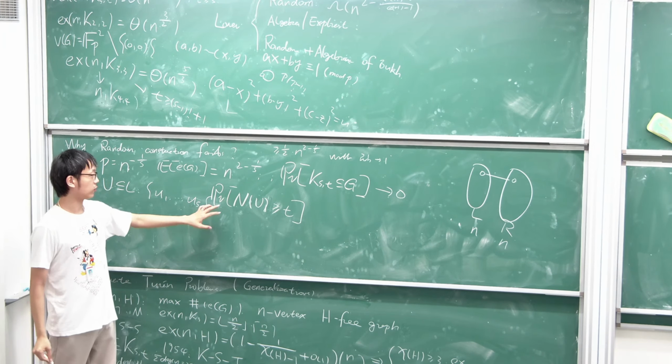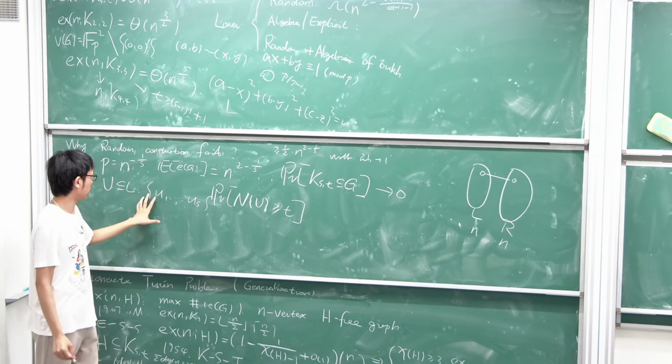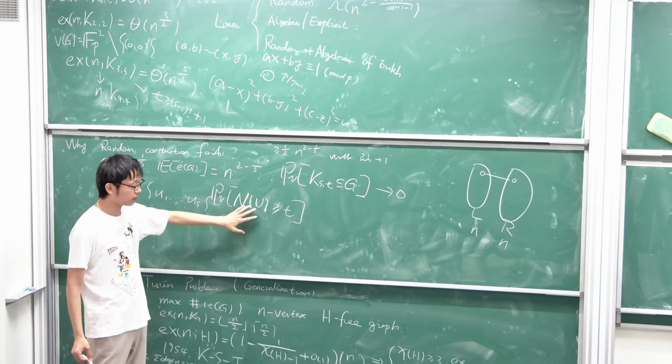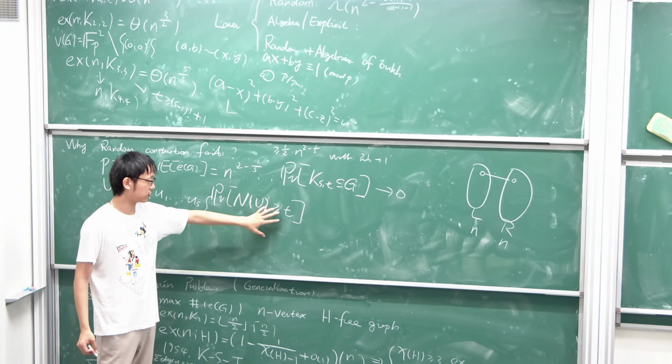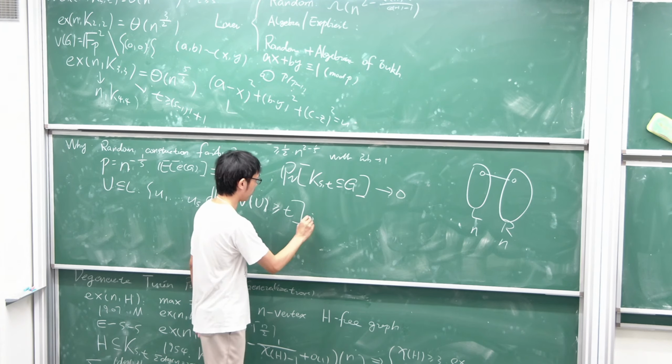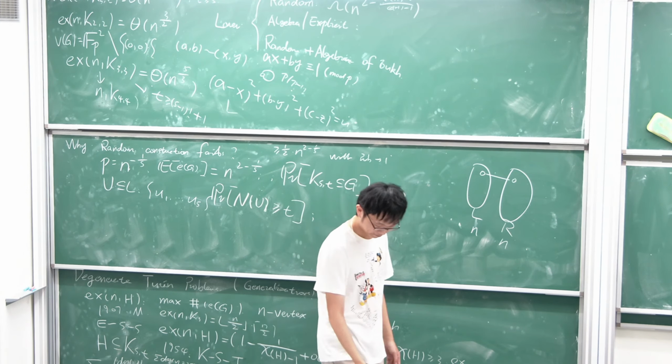Right. Okay, we want to upper bound, for any sequence of S vertices, the probability that their common neighbors number at least some t.